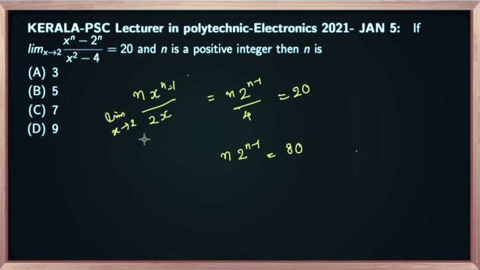And easily you can substitute the value of n here. So if you check, you'll get n is 5 is the correct answer, because 3 into 2 raised to 3 minus 2 is not equal to 80, but 5 into 2 raised to 5 minus 1 is equal to actually 5 into 2 raised to 4, which is 5 into 16 equal to 80.